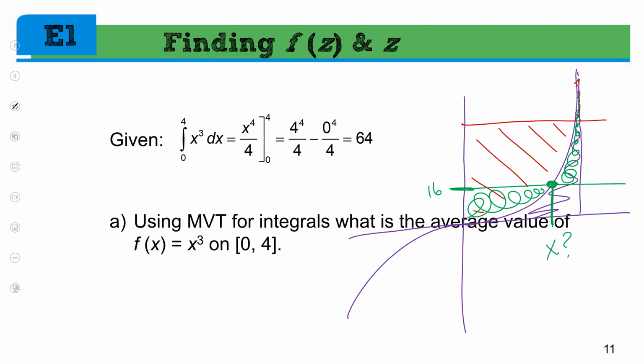Nathan? You plug in 16 for y. Beautiful. If my function is y equals x cubed, I set x cubed equal to 16 and solve for x. What is that value, Nathan? 2.52. How'd you find that? I used my calculator. Oh, you cheated on decimals. Yeah. Excellent, well done.